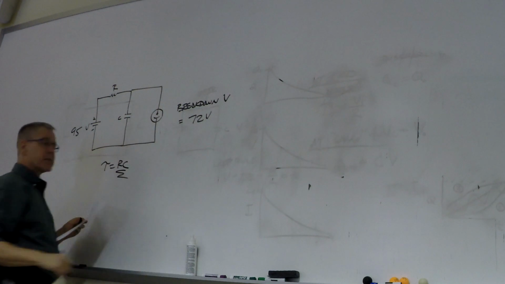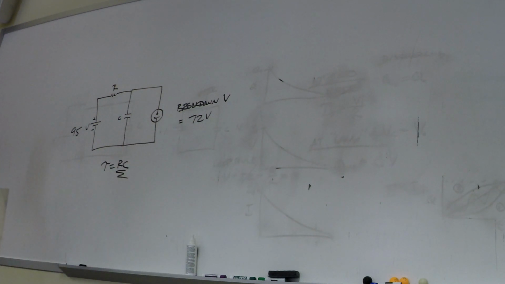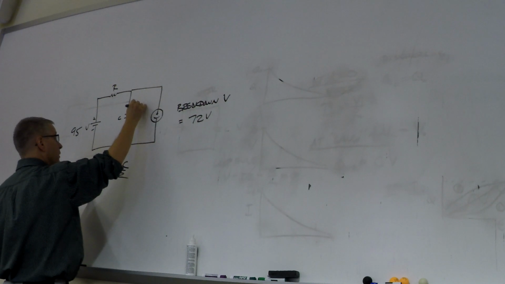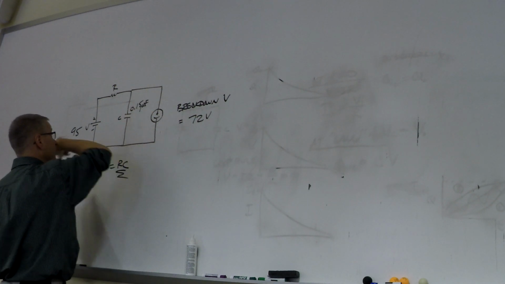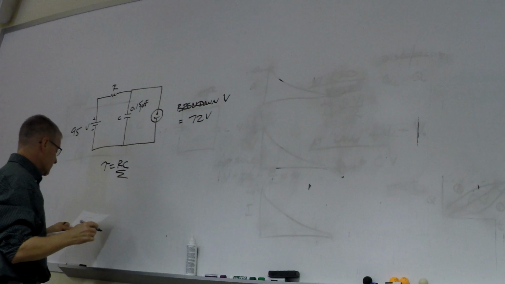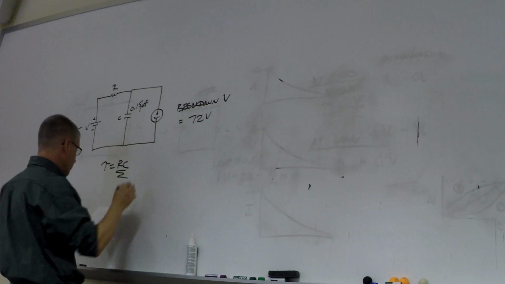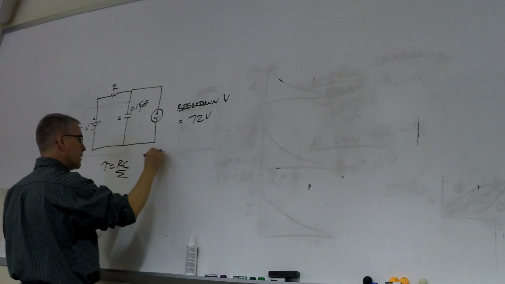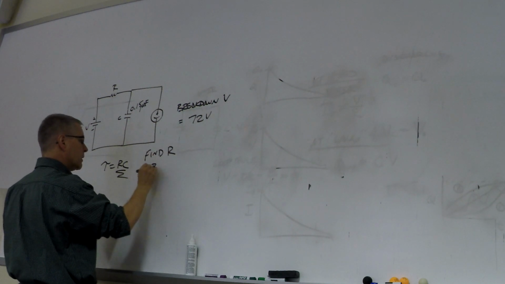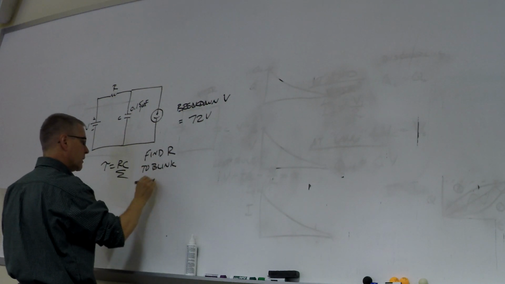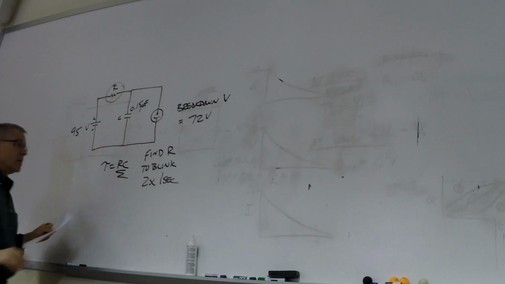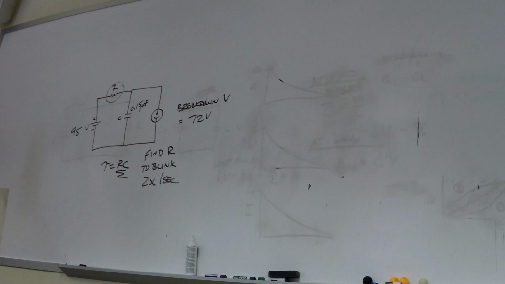That'll ionize this so I can actually open up a little conducting path there. And let's say my capacitor is a 0.15 microfarad capacitor. So what resistor can I put in here that's going to make this blink 2 times a second?